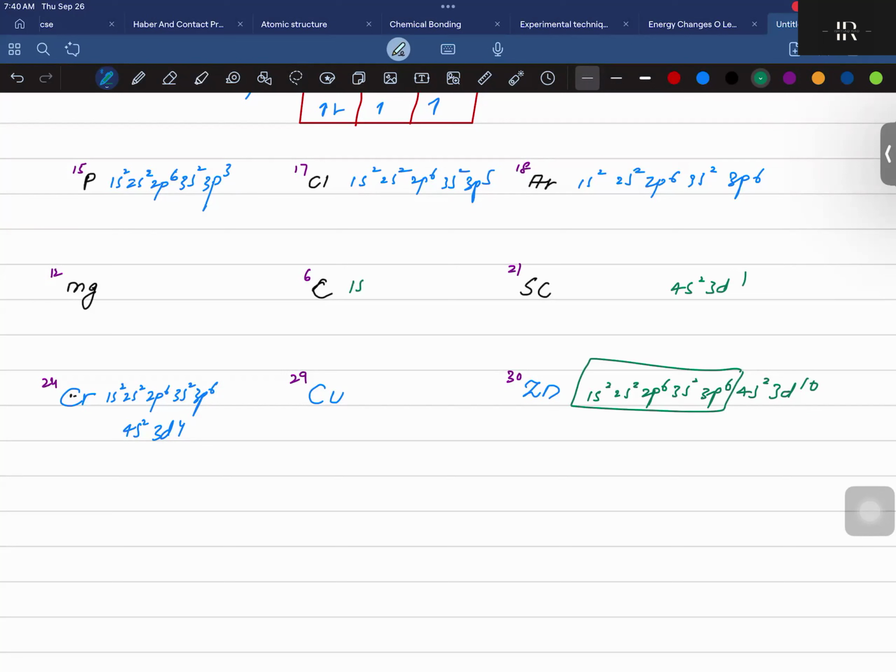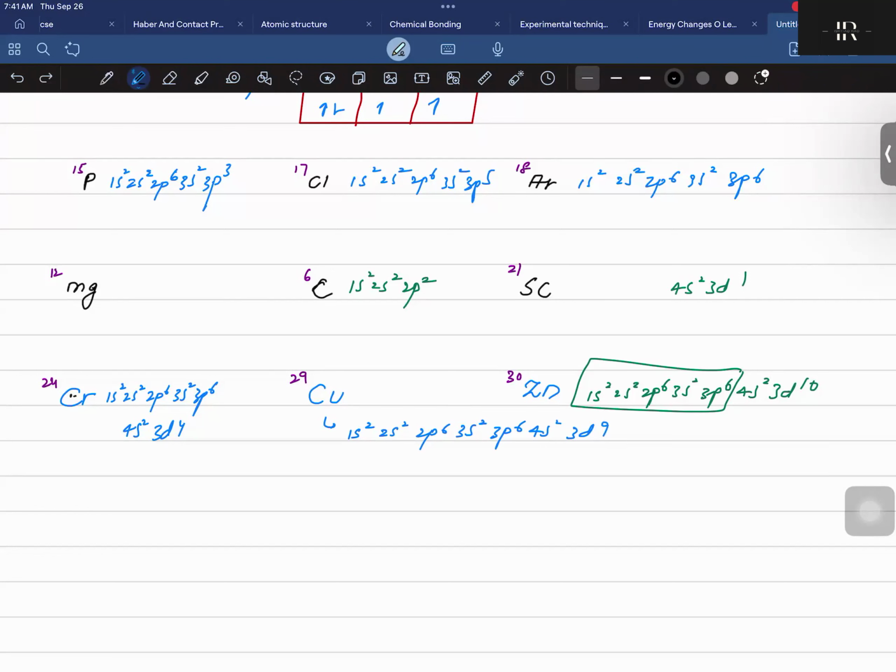The carbon is 1s2, 2s2, 2p2. Okay, so these are electronic configurations. Then copper, 3s2, 3p6, 4s2, 3d9. This is the configuration for copper.